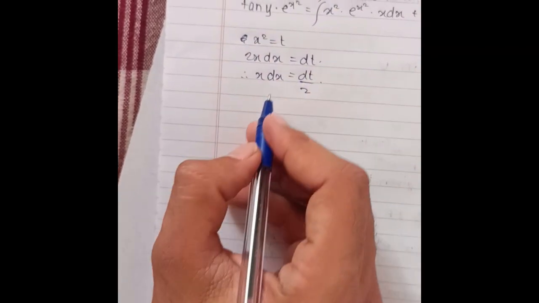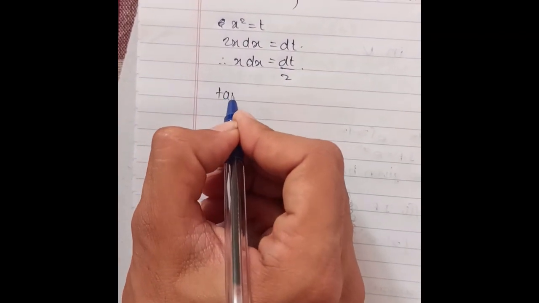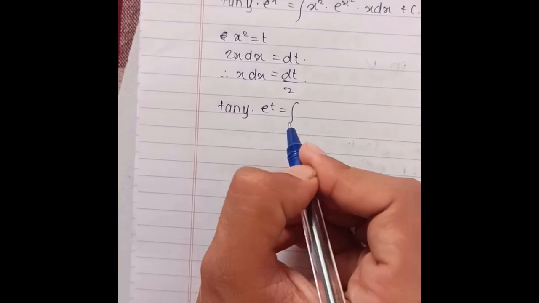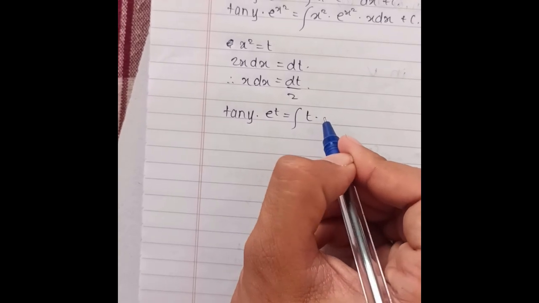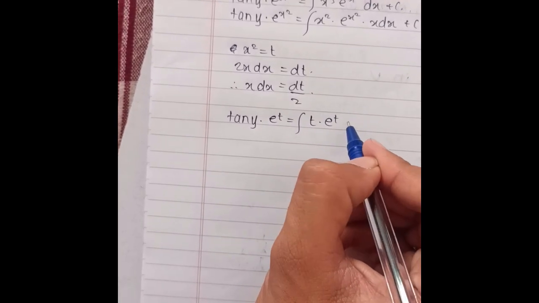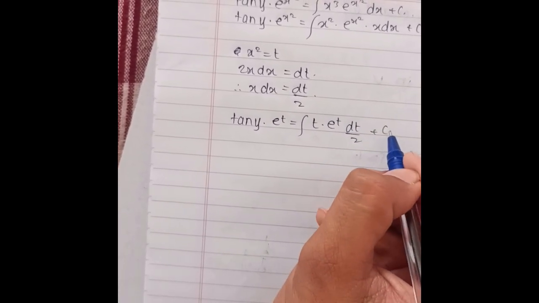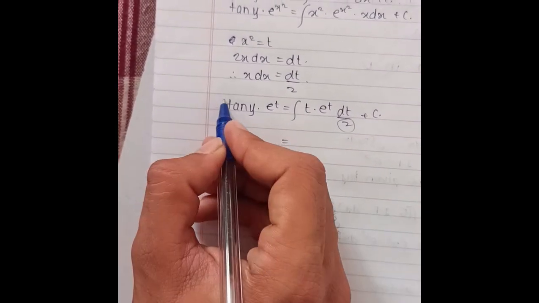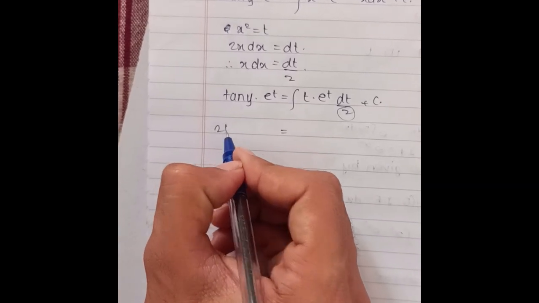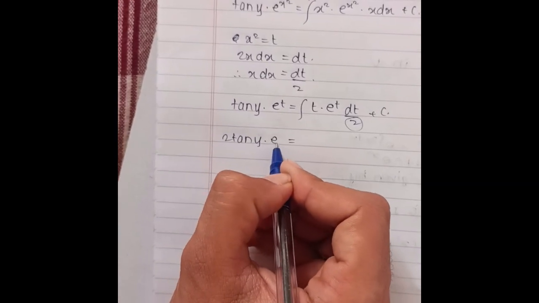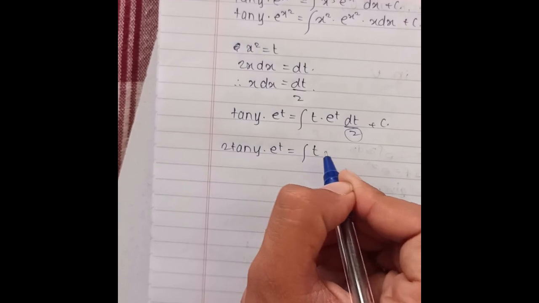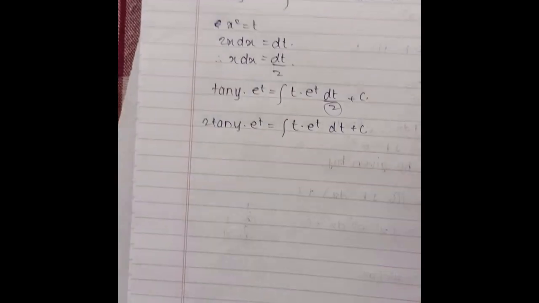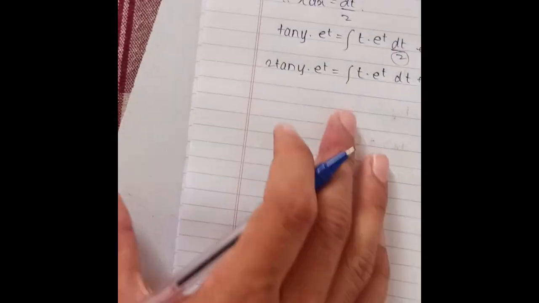After the substitution we get tan y into e raised to t is equal to integration of t into e raised to t dt divided by 2 plus a constant. We will first shift the divided by 2 to this side, that is, the remaining integration will be t into e raised to t dt plus c as the constant of integration.